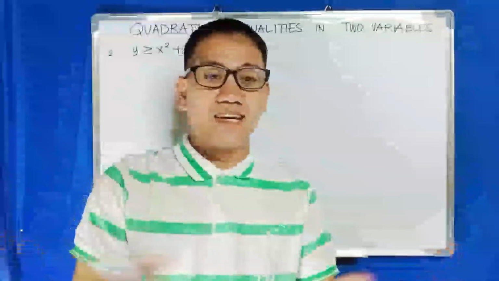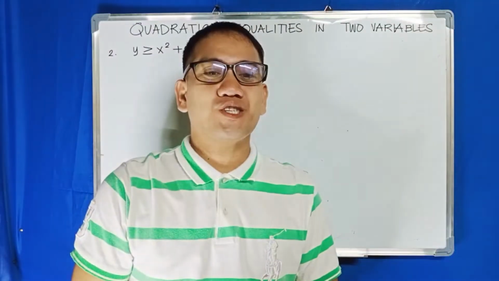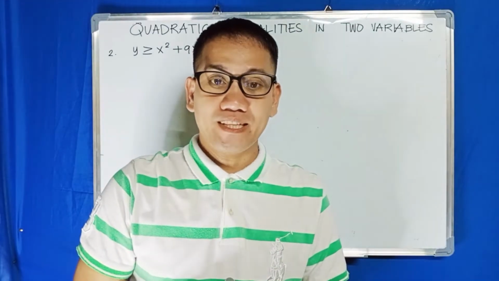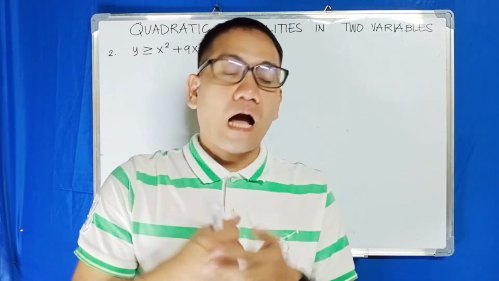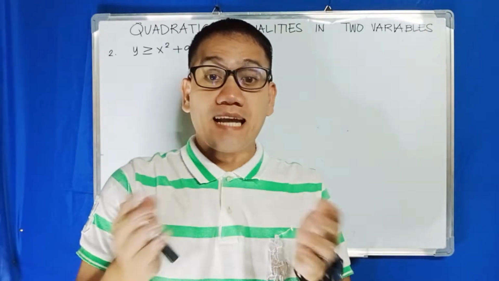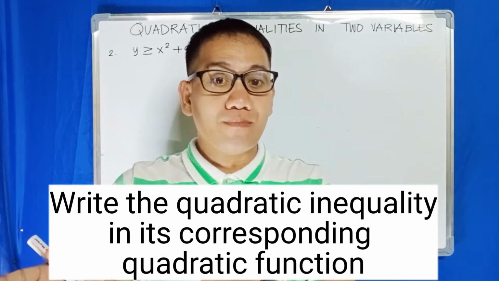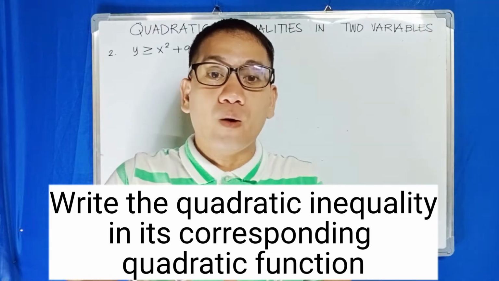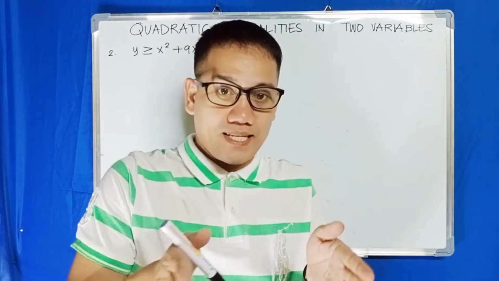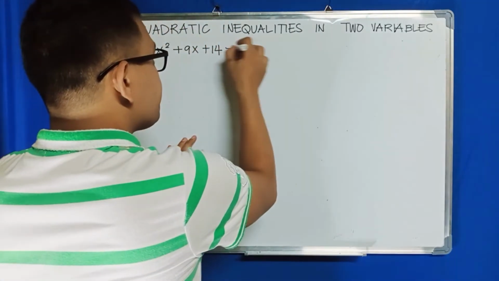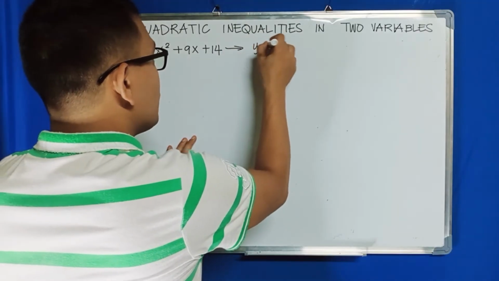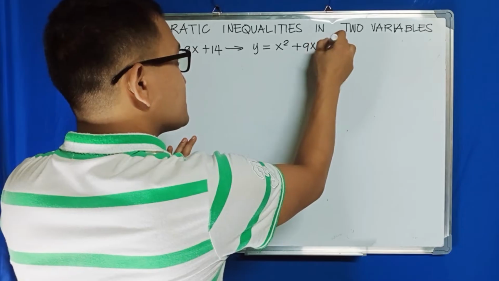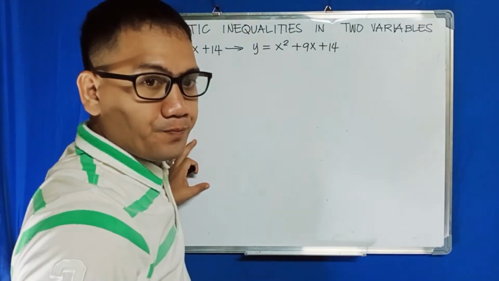Let's have our second example. Let's determine the solutions of y ≥ x² + 9x + 14. Again, our first step is that we will write our inequality symbol into a quadratic function by changing the inequality sign into an equal sign. So that is y = x² + 9x + 14.